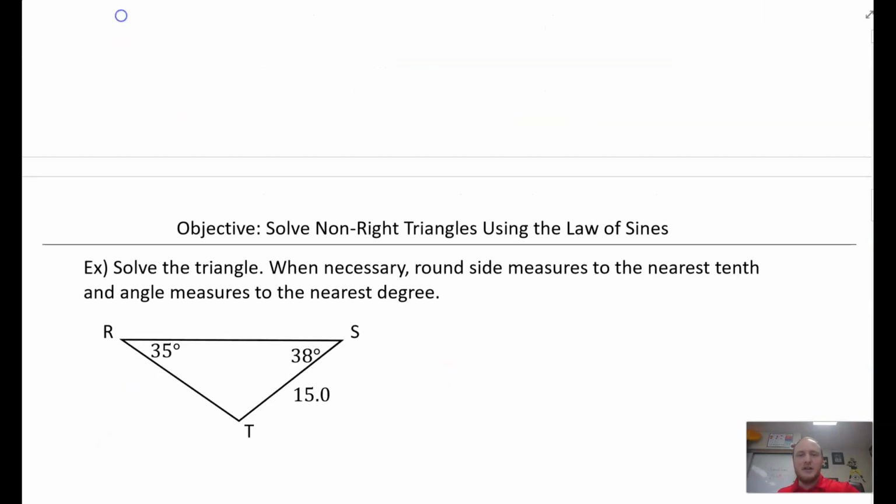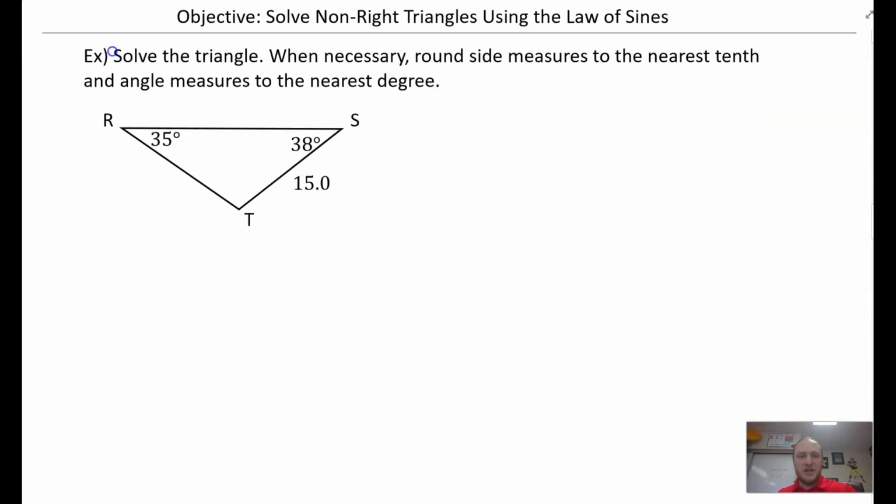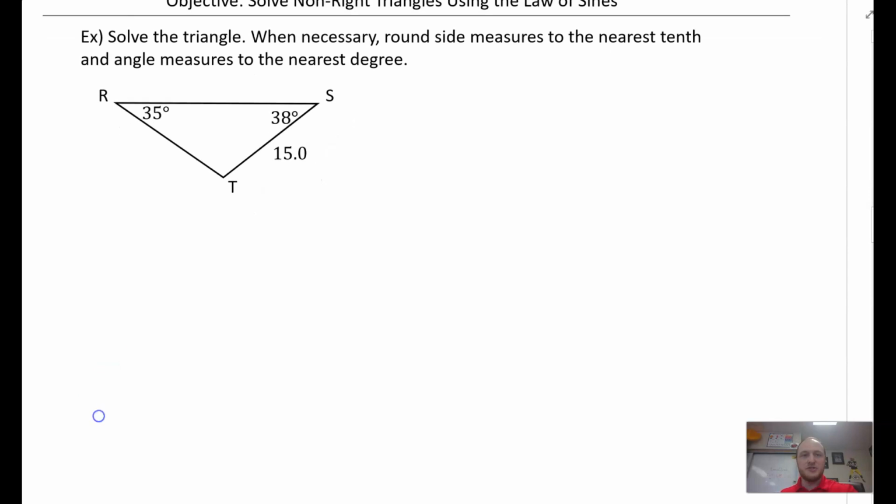Here is our very first example, and we're asked to solve the triangle, rounding side measures to the nearest tenth and angle measures to the nearest degree. I'm going to color code this, and I want you to see that 35 degrees here corresponds to this side, 15.0.